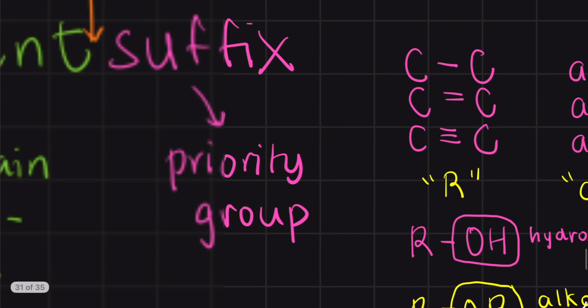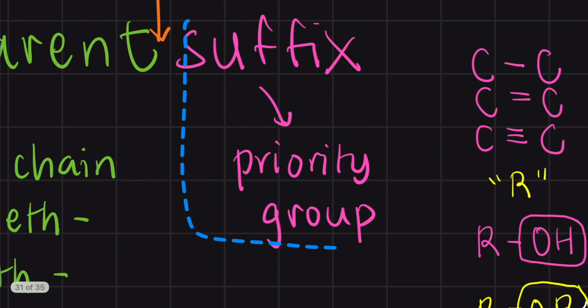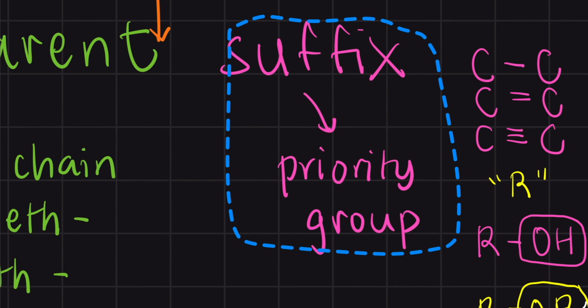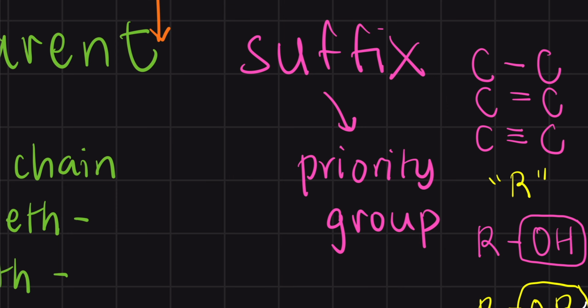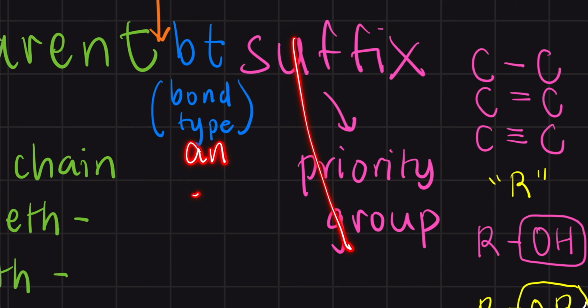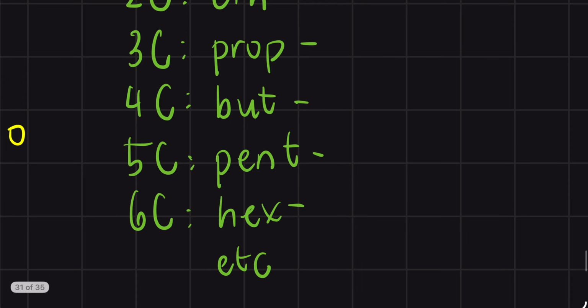That's why one of the things I personally style in the traditional prefix parent suffix format is that I put something in between, which is BT or bond type, just to remind everyone that no matter what you do at the end, you must still have an, en, or yn. And for that reason, the A in an automatically signifies you have an alkane, which is why we dropped the letter A earlier. To have A automatically assumes an alkane, but if it is an alkene, you're going to have to adjust accordingly.